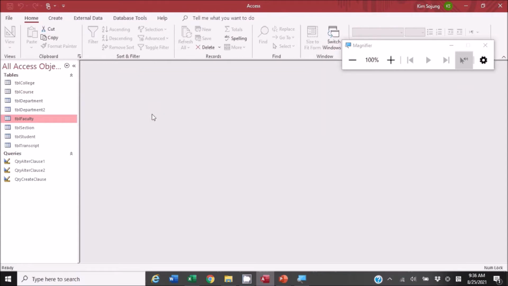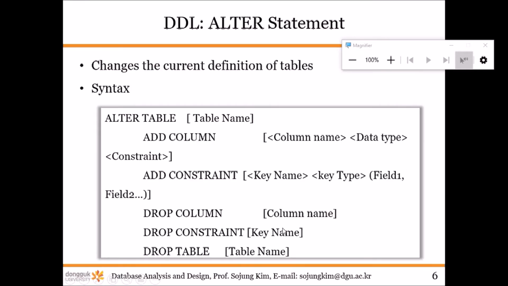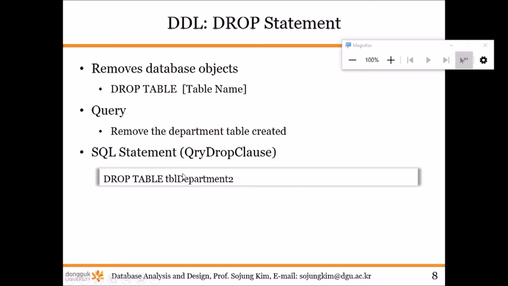All right, good. Let's run another option here. I already mentioned the ALTER statement, and we ran the two ALTER statements here. Now let's remove the database object. We will remove tblDepartment2 using this DROP TABLE command.